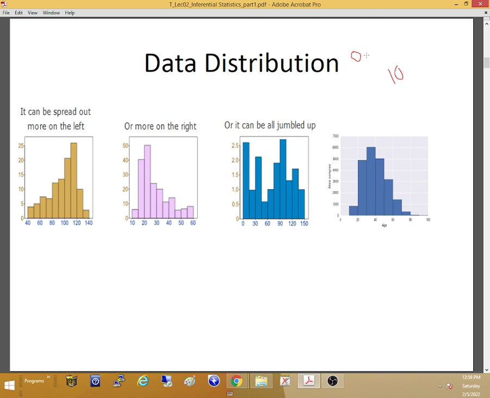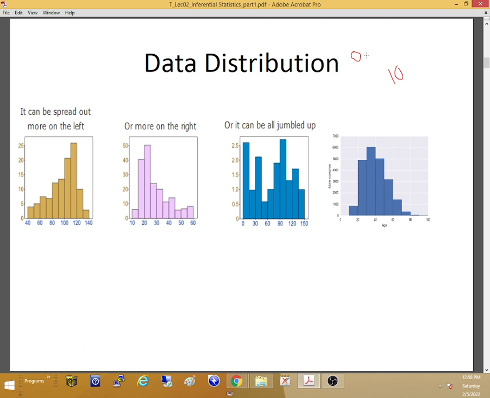In the case of this distribution, we can say it is 50-50: 50% is on the left and 50% on the right. If the data distribution looks like this, then most of the values are on this side.